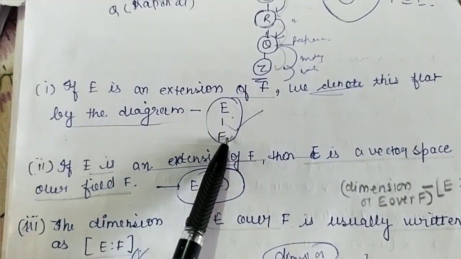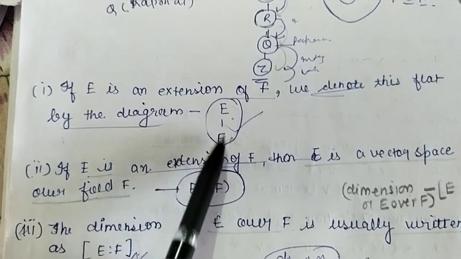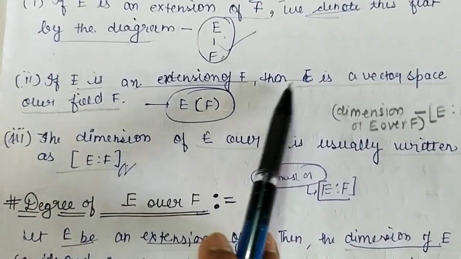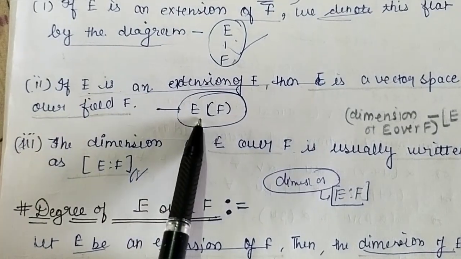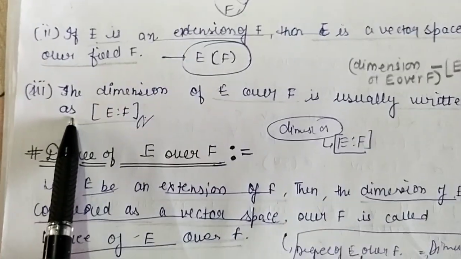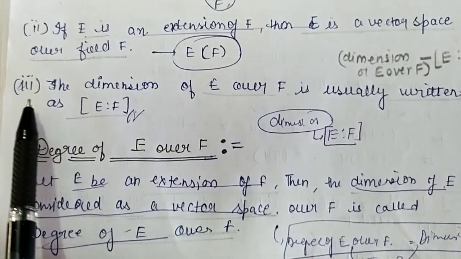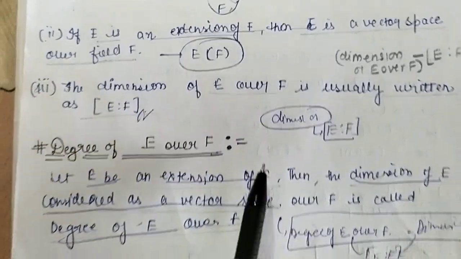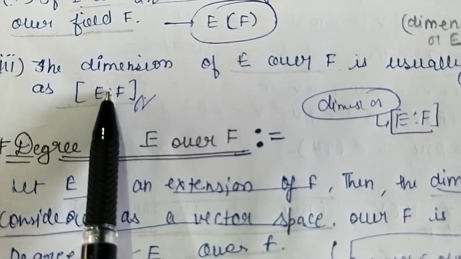If E is an extension of F, then E is a vector space over the field F. The dimension of E over F is usually written as [E:F]. This denotes the dimension of E over F.